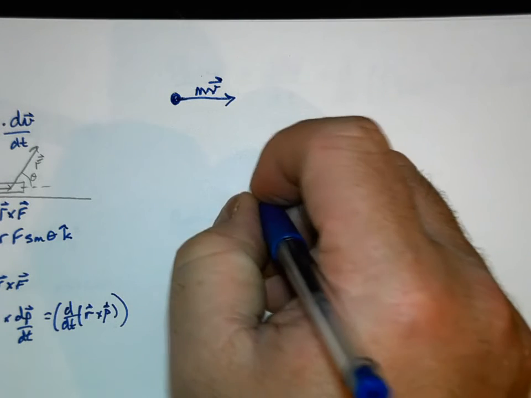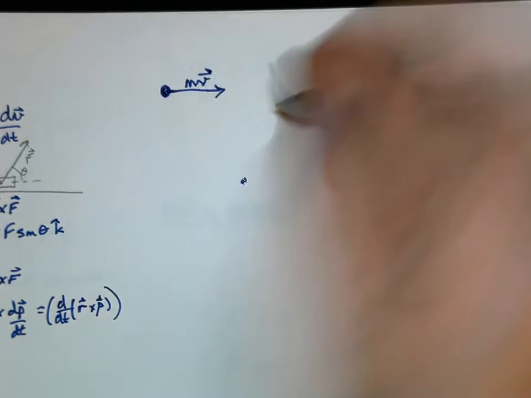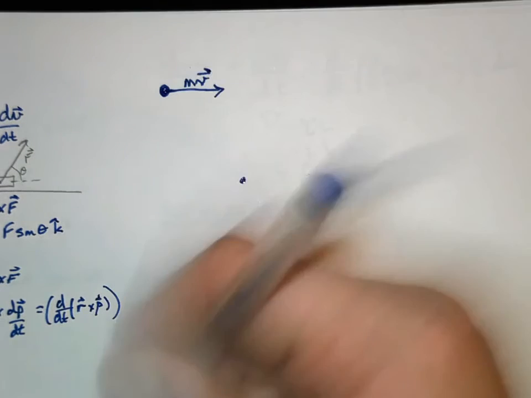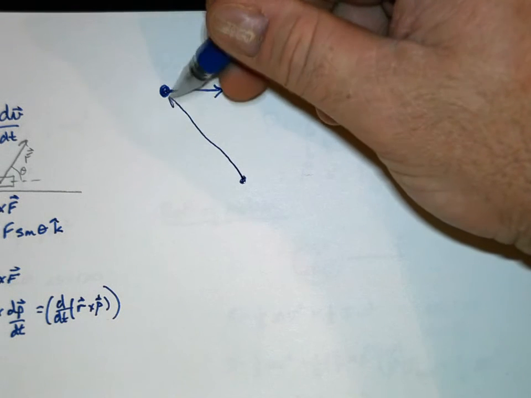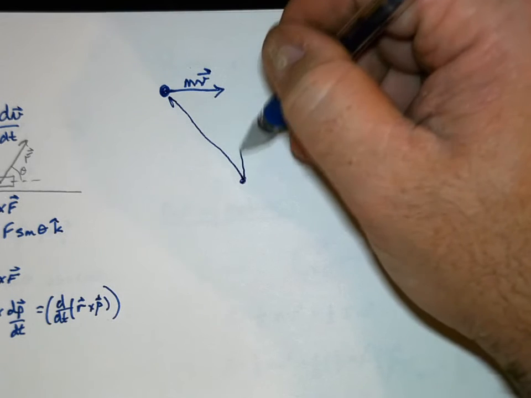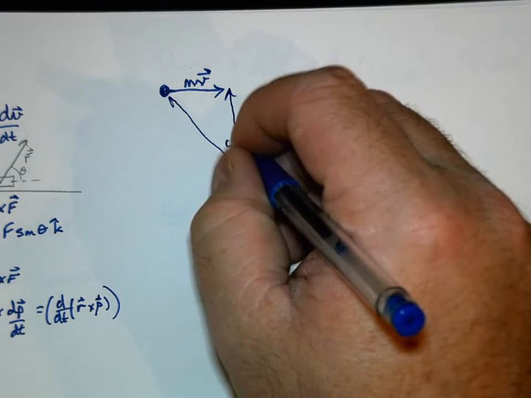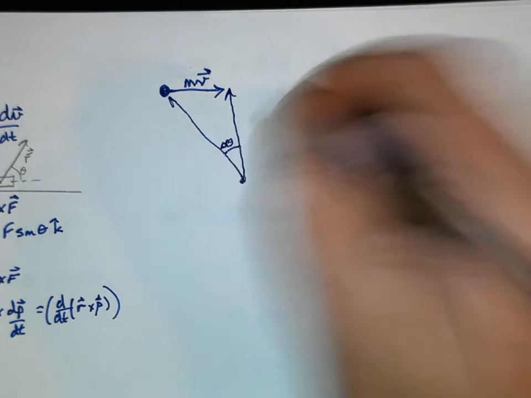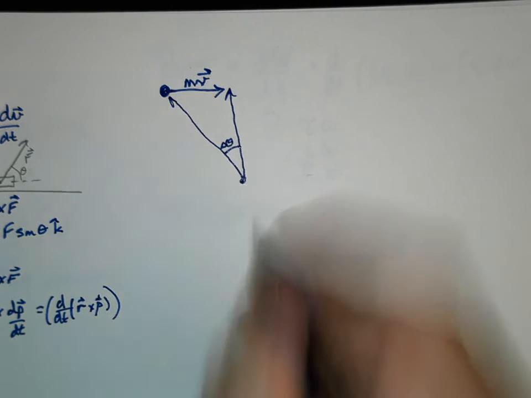So we could have this point right here, and as this travels, it is going to move through a change in theta, okay, and it's going to be at this distance.